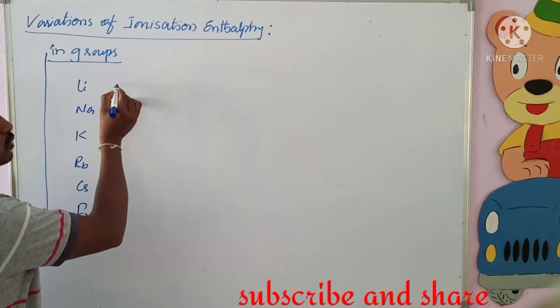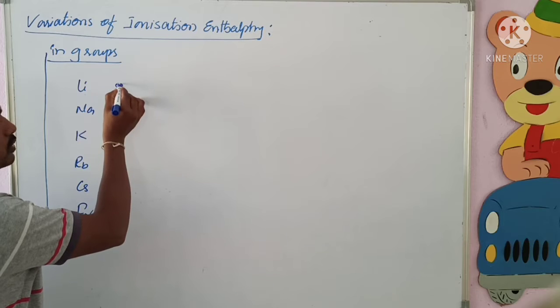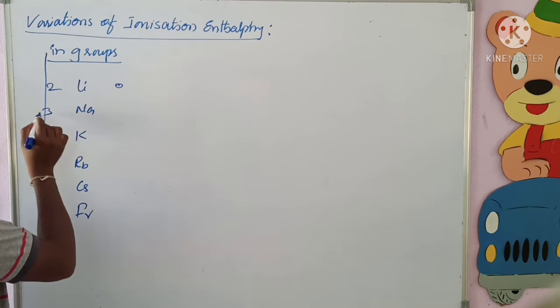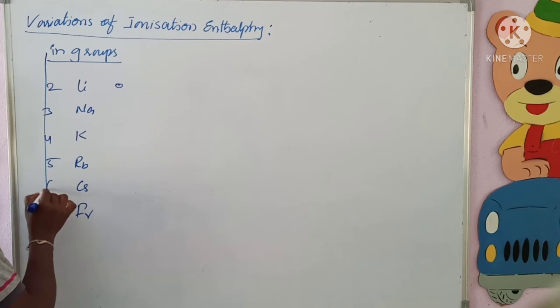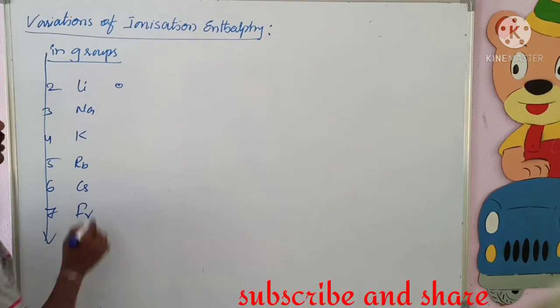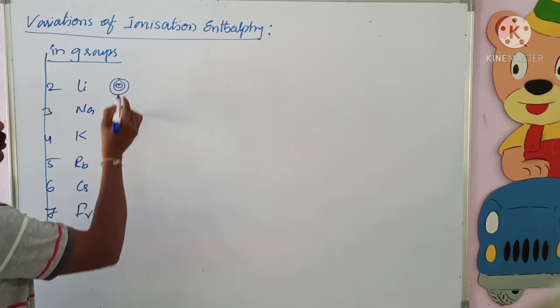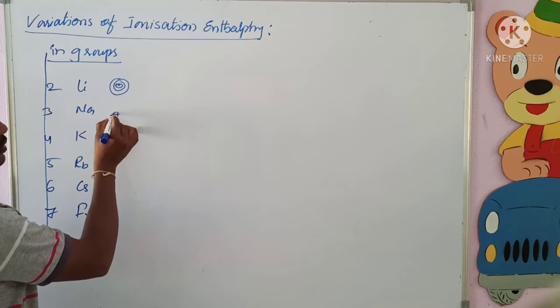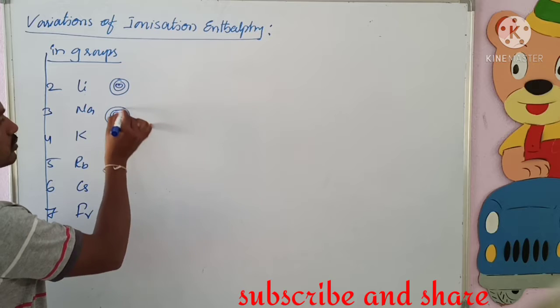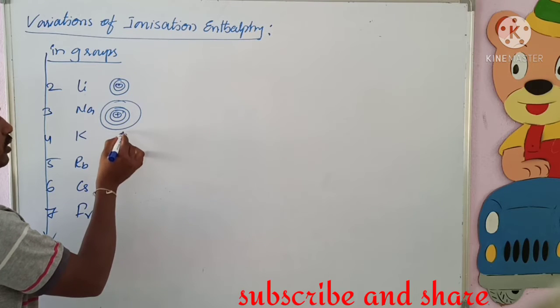Lithium has two shells. Second period element, the third period, fourth one, fifth one, sixth and seventh period elements. Second period means it has two shells, 1 and 2. Third period has three shells. What happened here?